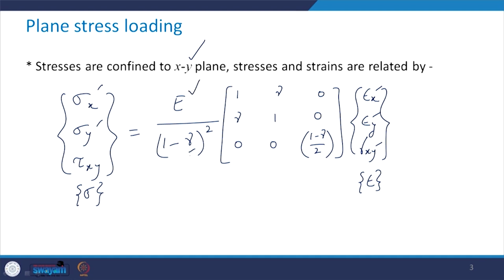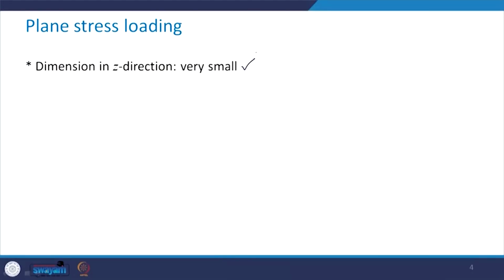E and nu, these are the elastic modulus and Poisson's ratio for the material. Again here the assumption is involved that the material is following the Hooke's law. So, dimension in the z direction is very small in case of the plane stress loading.